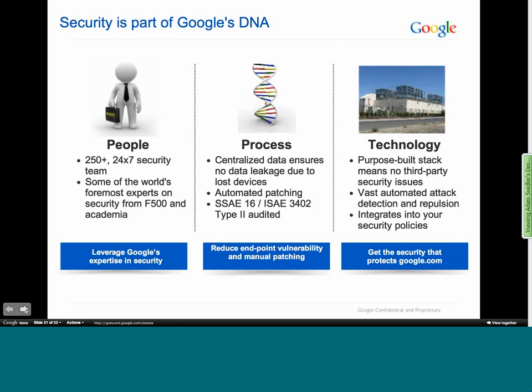They come from the corporate world, they come from academia, and I think especially if you're a small or medium-sized business, it's really hard to identify and maintain a dedicated team of security expertise, but if you're running your own on-premise servers, you don't have a choice. You have to do something along those lines. If you move to Google Apps, you get to take advantage of our expertise in security, and obviously that's working to protect the data that's inside Google Apps.